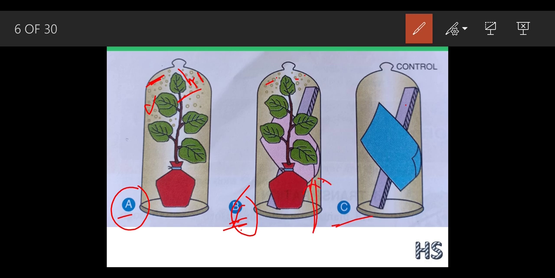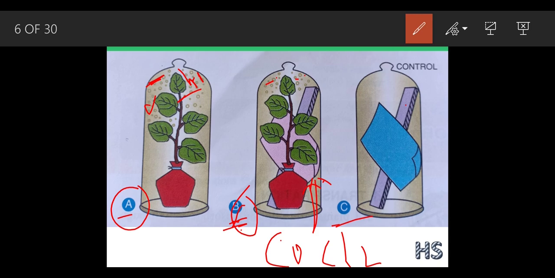This paper is a cobalt chloride paper. I am going to write the formula, but in the exam you have to write in words. The original color of this cobalt chloride paper was blue. This cobalt chloride paper was blue when it was dry in nature.